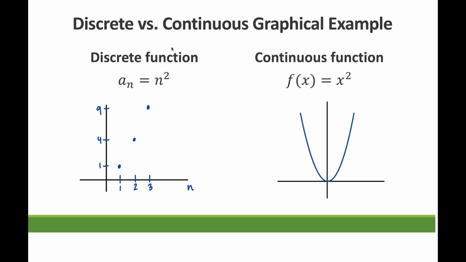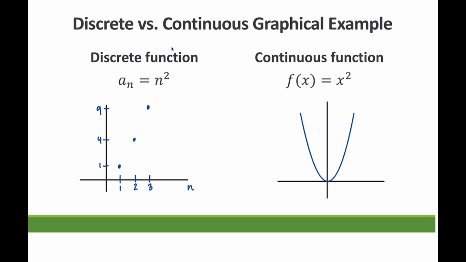Then I jump all the way to 2. 2 squared is 4, so 2, 4 is a point. And then 3 squared is 9, so 3, 9 is a point. So these are the only outputs so far for the discrete function a sub n equals n squared. This sequence is just these points. We're not going to connect them together.